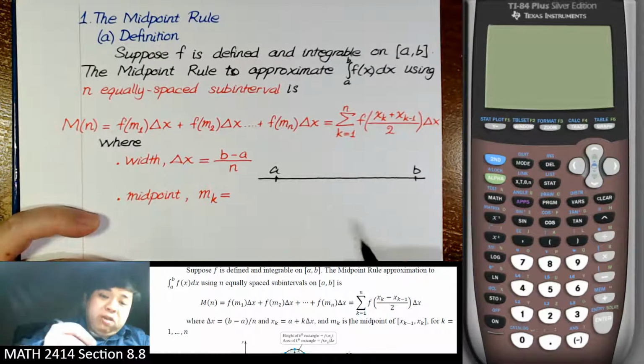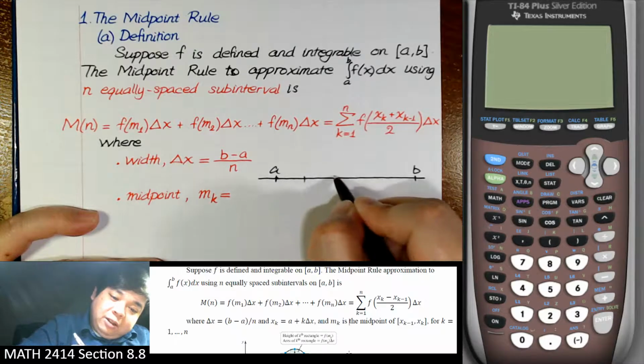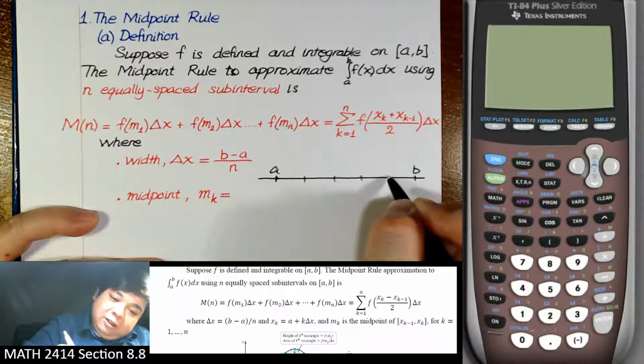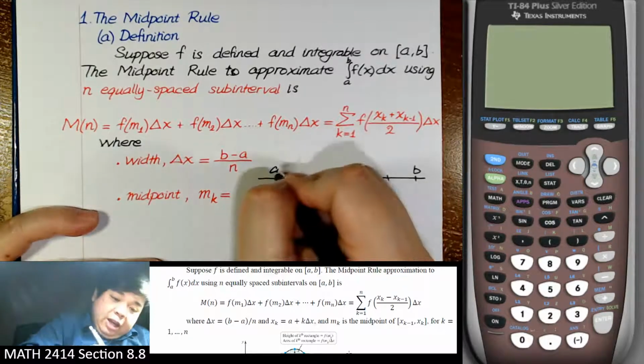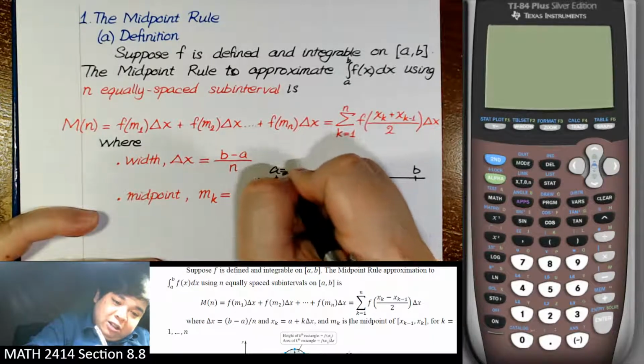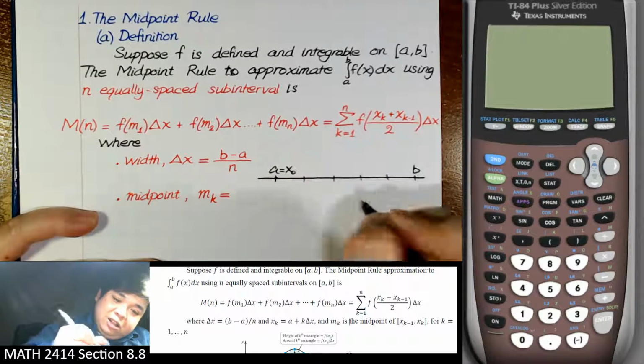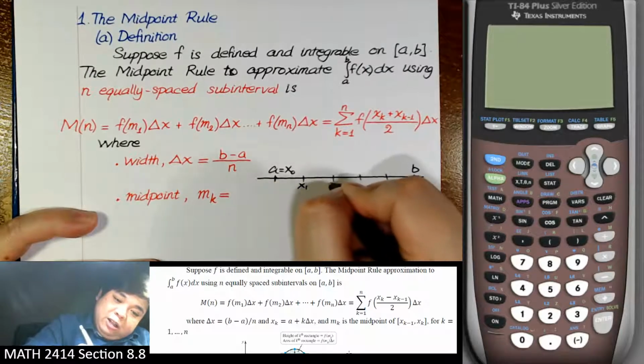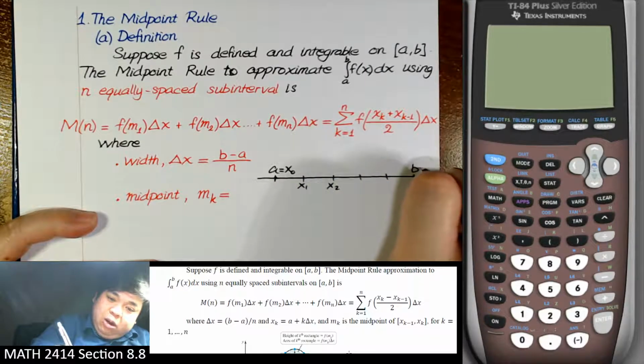From a to b we divide this into equal segments. a is said to be x naught. This will be x1, x2, and the last one, b, is xn.